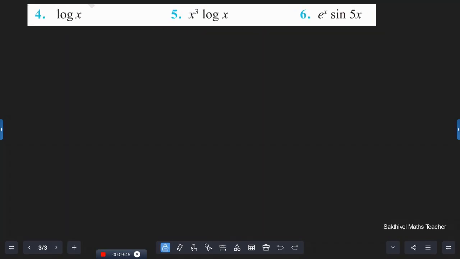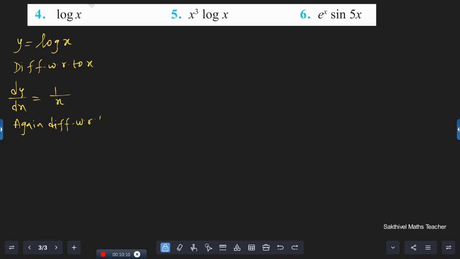Okay, the fourth one, y is equal to log x. I'm taking the question as y. When I differentiate log x, what is the derivative of log x? It is 1 divided by x. Again you differentiate, with respect to x, d square y divided by dx square.